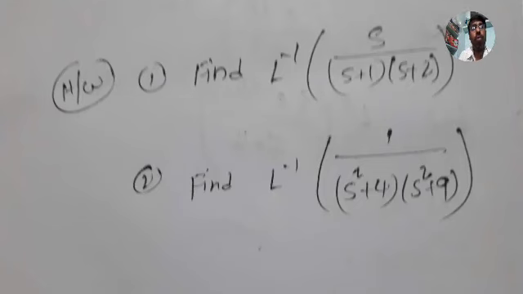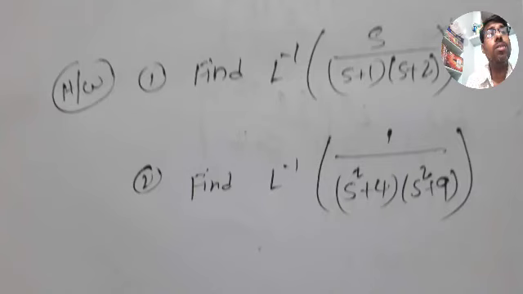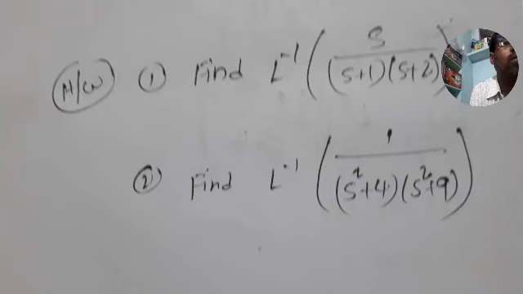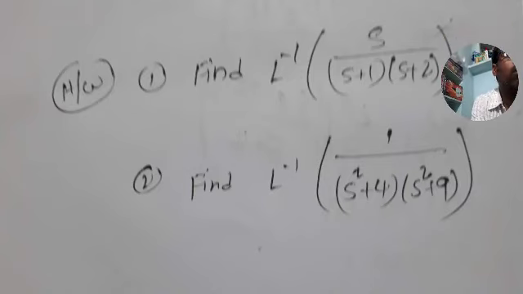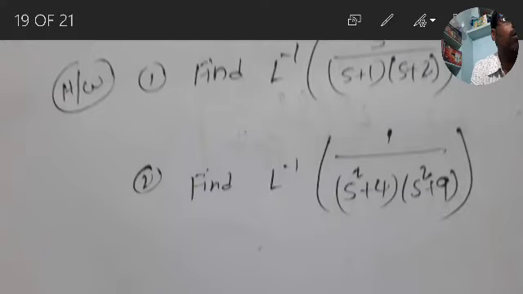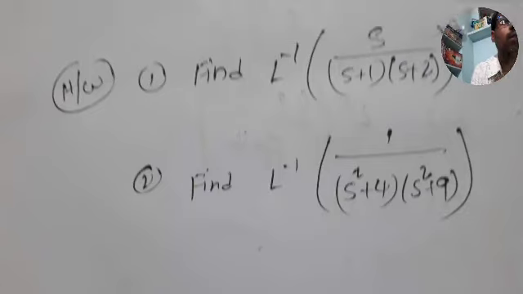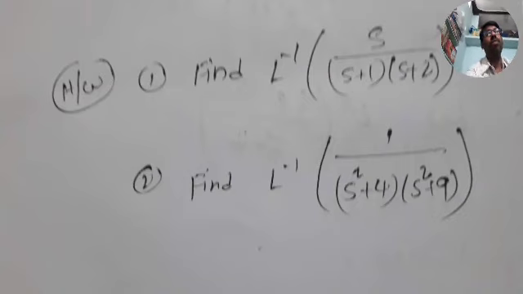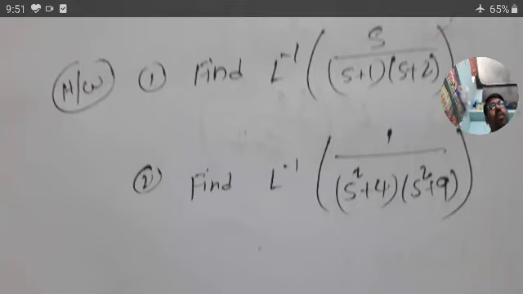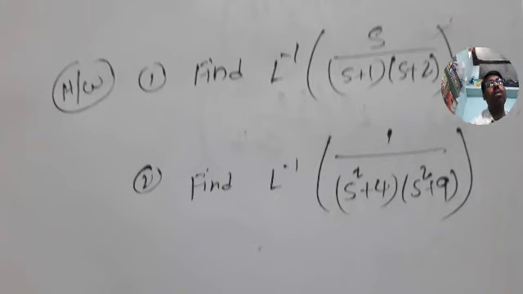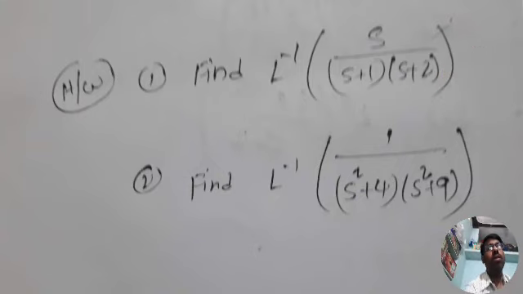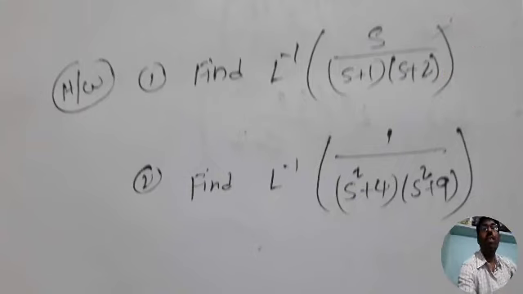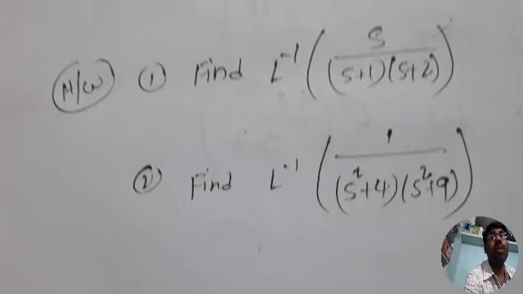So note down, these are the 2 problems I am giving. Note down, guys, first problem. What is the first problem? Find L inverse of s by s plus 1 into s plus 2.